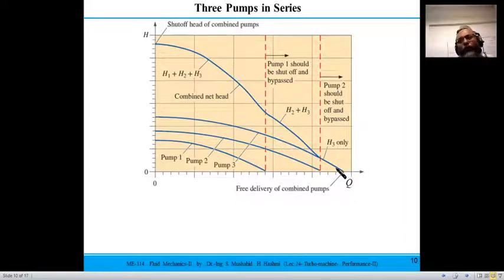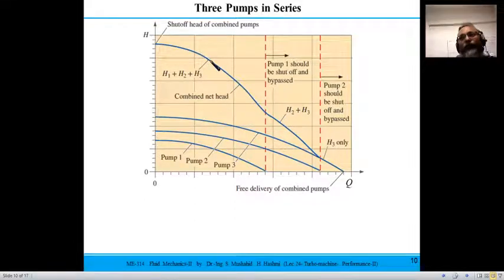Once you combine them in series, at this flow rate, pump 1 only gives you this head, pump 2 gives you this head, pump 3 gives you this head, but all 3 pumps in series would give you some bigger head, which is actually a combination of the heads of 1, 2 and 3.